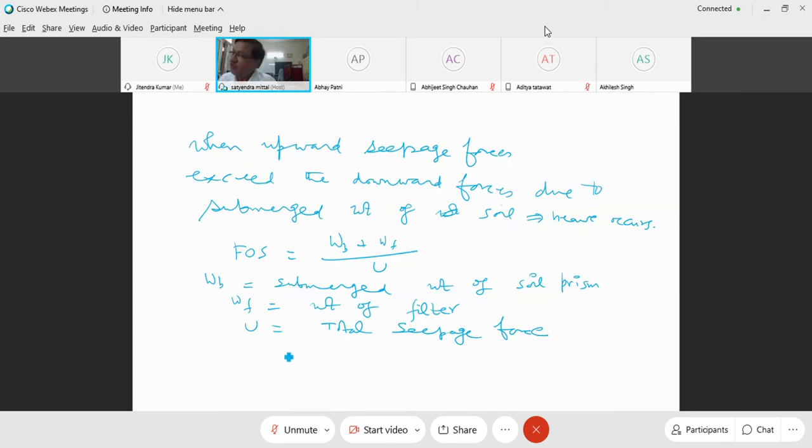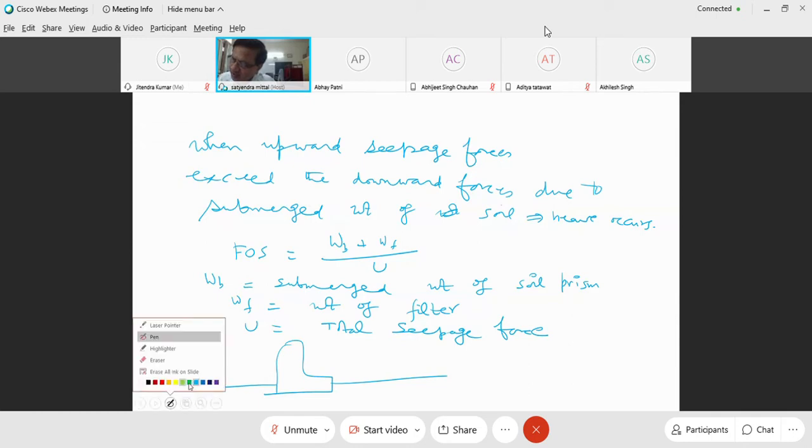Filter I had already explained to you. Last time I had told you that the filter is provided here.